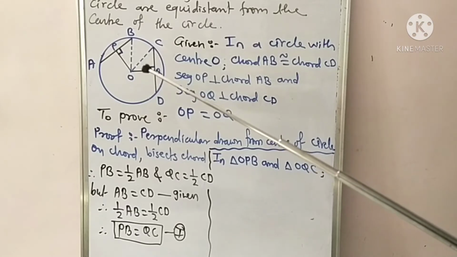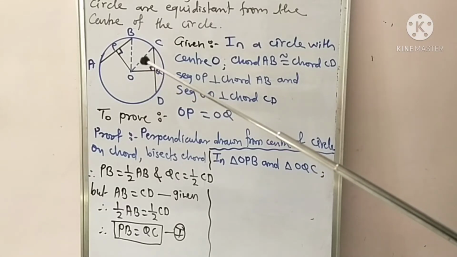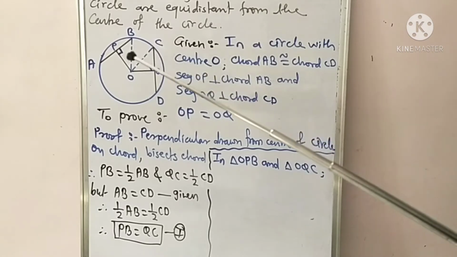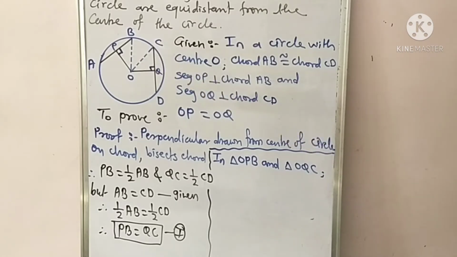If two triangles are right angle triangles, hypotenuse is congruent and one more pair of sides is congruent, so the two triangles are congruent by the hypotenuse side test. If triangles are congruent, corresponding sides are also congruent, means OP equal to OQ, as we prove, and OP and OQ are distances of the chords from the center of the circle.